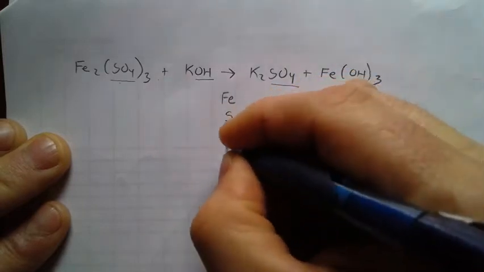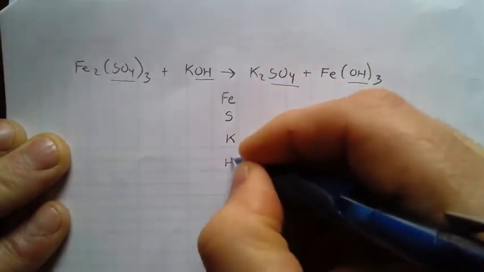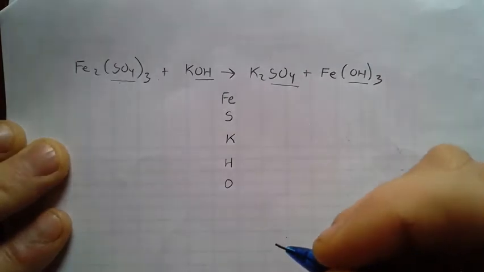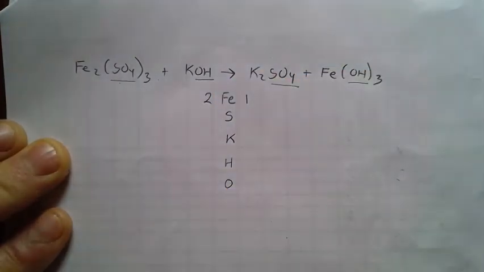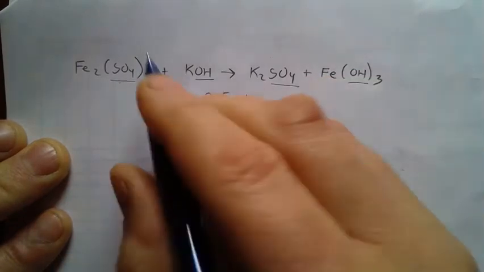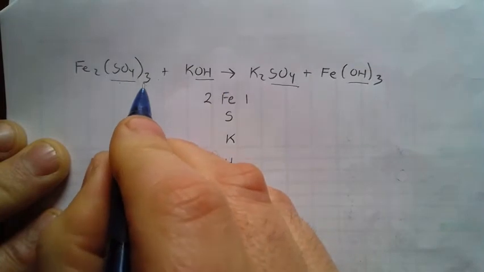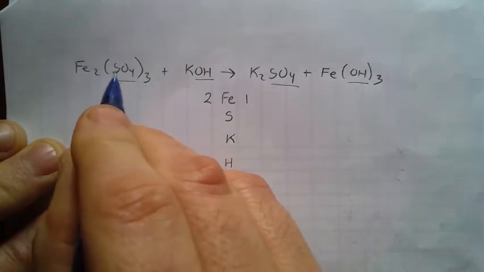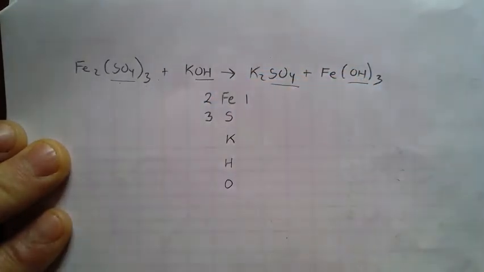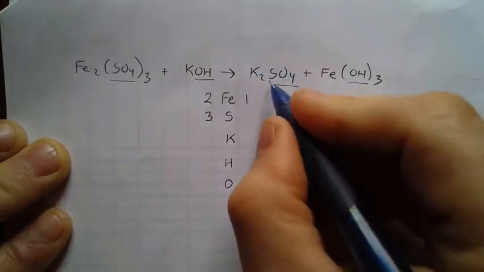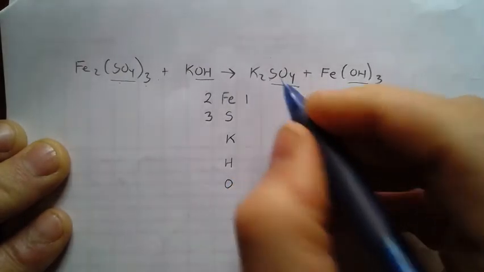We have potassium, and then hydrogen, and then oxygen. So iron, we have 2, and over here, iron is 1. Sulfur on the left, because of this 3, the 3 distributes inside, and that means we have 3 sulfurs. Whereas on the right, we only have 1 sulfur. That 4 only applies to the oxygen.